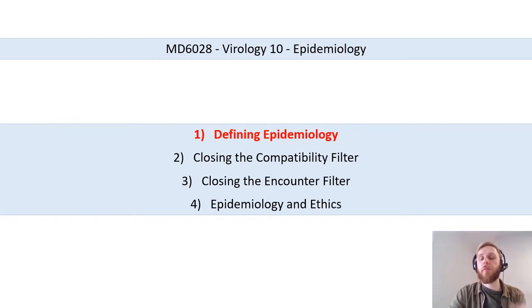So first, like we just said, we're going to think about the compatibility filter and how we can close this filter, so how we can prevent the spread of infection by making individuals incompatible with a particular virus. And then we're going to consider the encounter filter, so how we can reduce the spread of infections by reducing the number of encounters between the particular infectious agent and individuals.